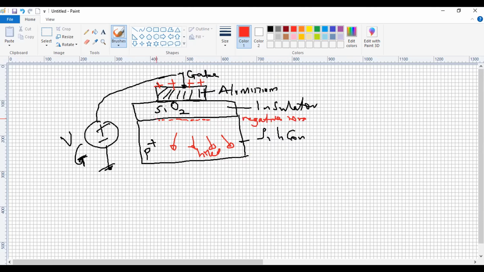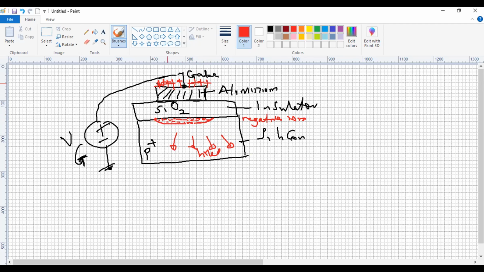So I've got negative ions out here, just a very thin layer of that. And as I keep increasing the voltage on this side, I've got a small depletion region.